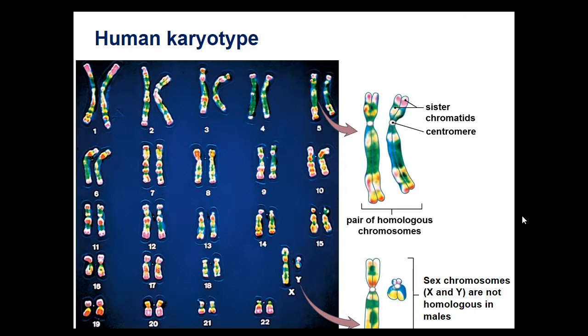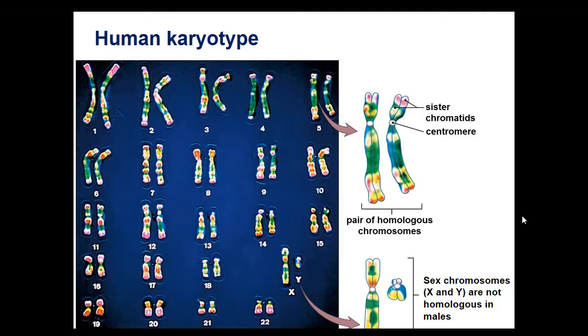This arrangement of the chromosomes of a cell is called a karyotype. They don't look like this in a cell. They're not arranged like this, but a scientist in a lab has done this. Took somebody's cell, took the chromosomes and paired them up like this, and the chromosomes are numbered from longest to shortest.